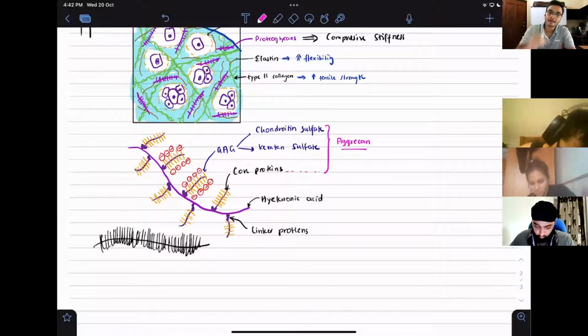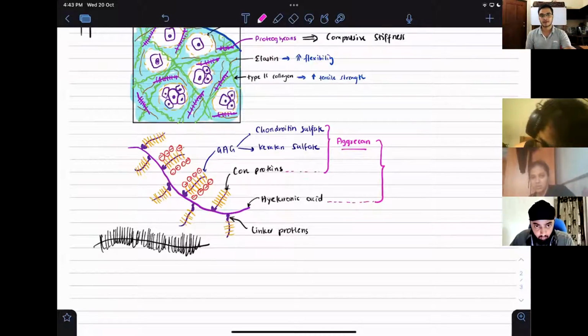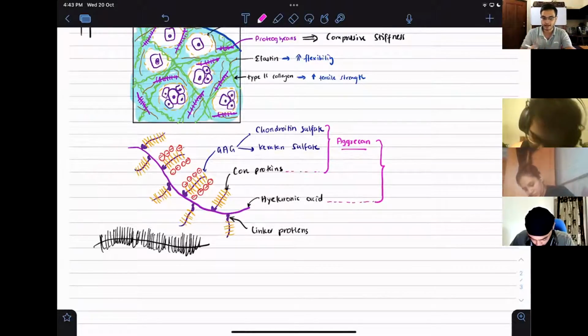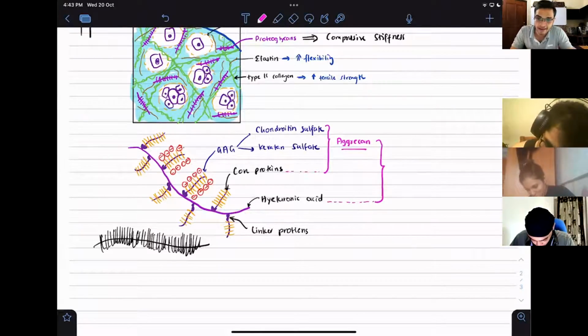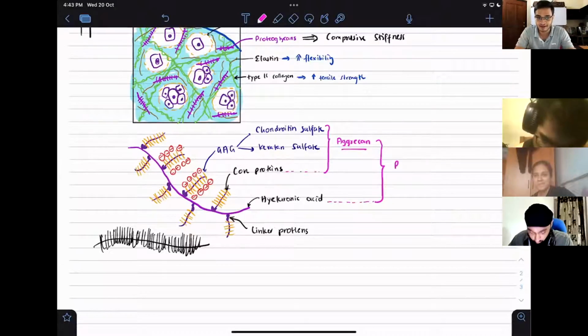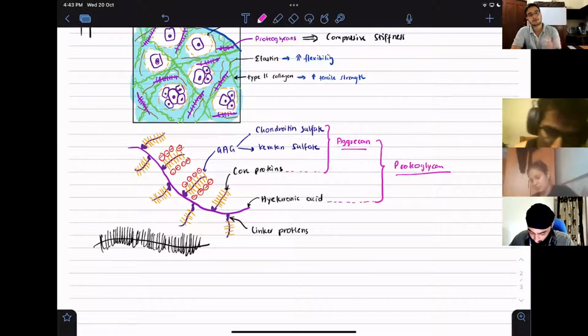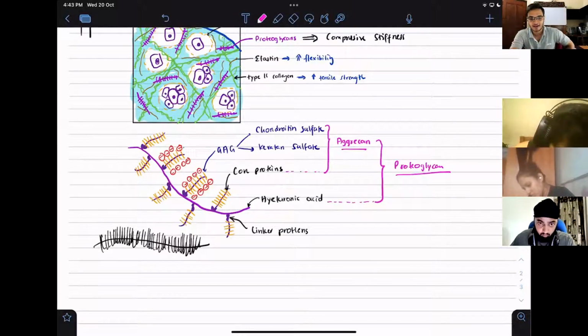Then the aggrecan molecules collectively, together with hyaluronic acid, this entire structure is basically our proteoglycan, which we call an aggrecan aggregate, an aggregate of aggrecans. I know these words, so when you all read Harrison's or Kumar and Clark, don't get scared when they say aggrecan aggregate. This is basically our proteoglycan.